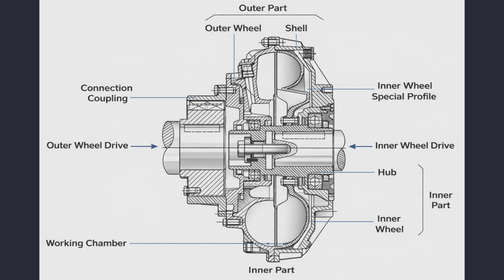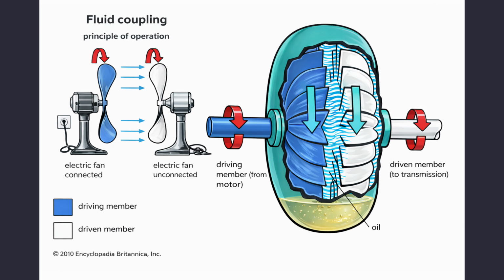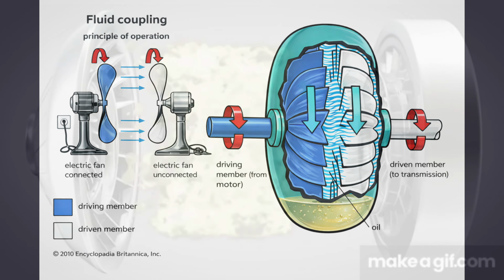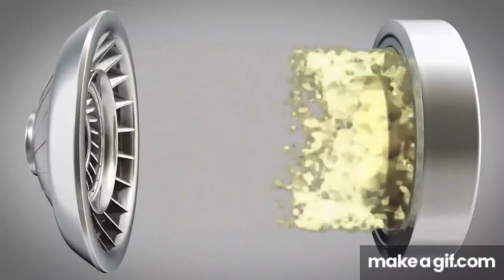Oil is the medium there, and as soon as the input side, imagine the motor driving it, the fluid inside this coupler starts spinning, and then it attains a critical speed of centrifugal force. After a while, this oil gets coupled as a mechanical coupling, and then starts driving the output.